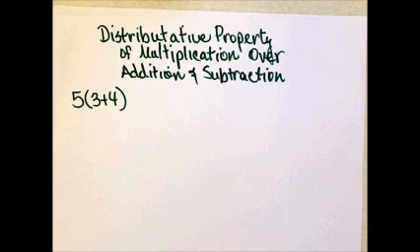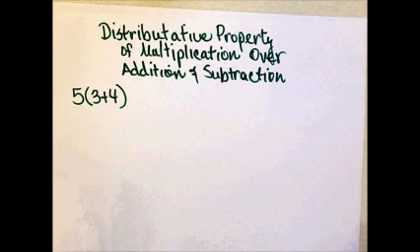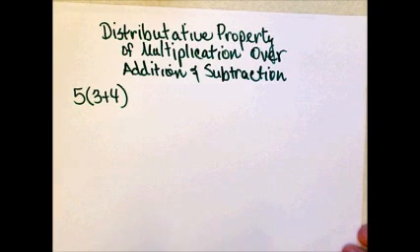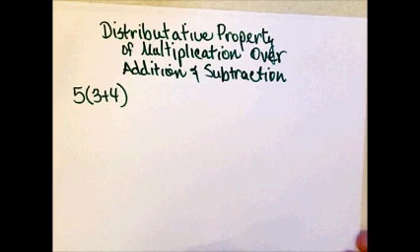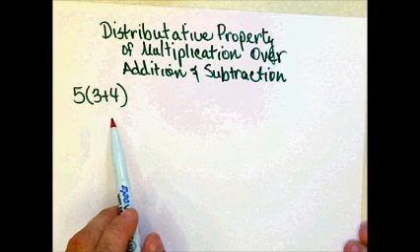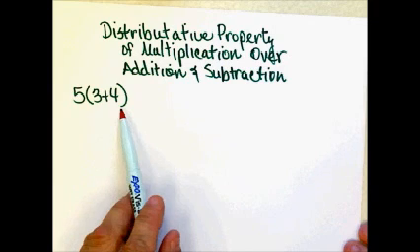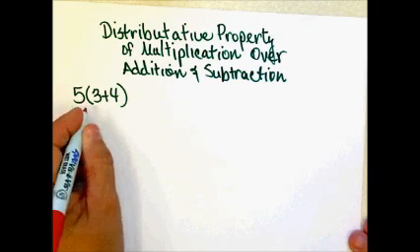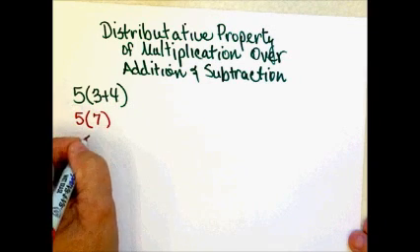Now, this is my favorite property, the distributive property of multiplication over addition and subtraction. Okay, the distributive property is the only property that has multiple operations in it. Now, the distributive property says, well, you know, I could look at this maybe a different way that might be easier. For example, if I did order of operations, I would have 5 times 3 plus 4 is 7, and 5 times 7 is 35.